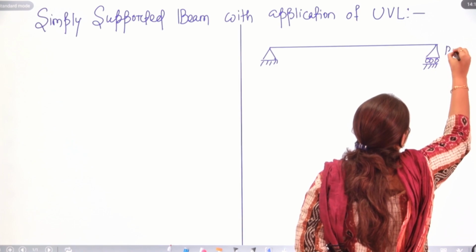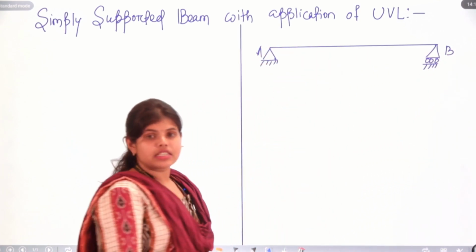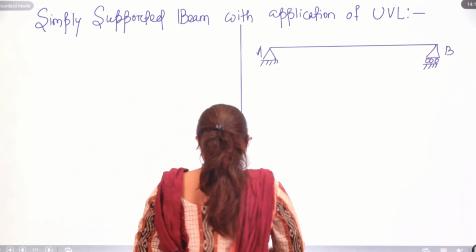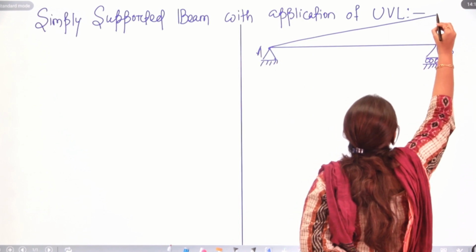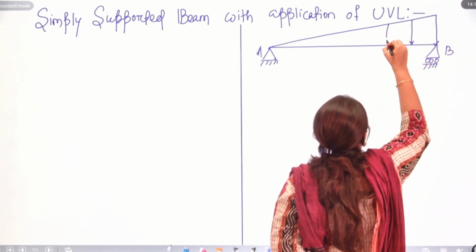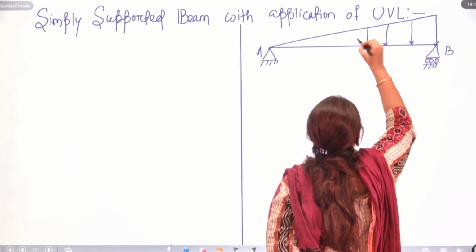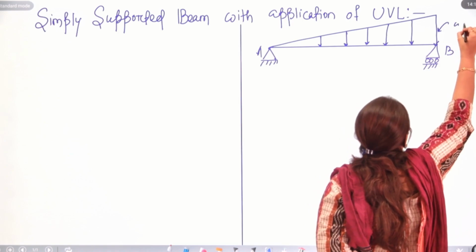Let's name it as A and another point as B. So, let's apply the UVL. UVL is your uniformly varying load. So, this UVL is W.